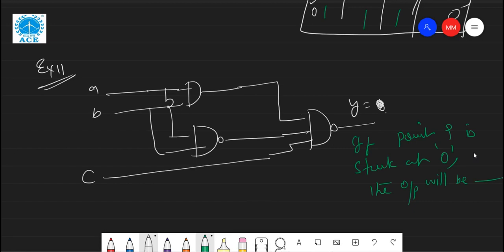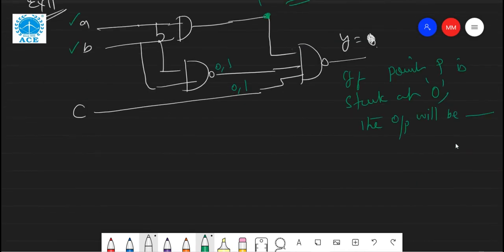So where I can take here P. Anyway, this is given stuck at 0 in this case. So for whatever the values of A and B, the output of the AND gate will always be 0 because it's stuck at 0, right? So in this case, C is either 0 or 1. As per the NAND gate, what is the definition?